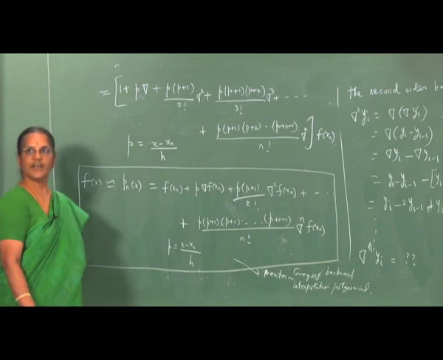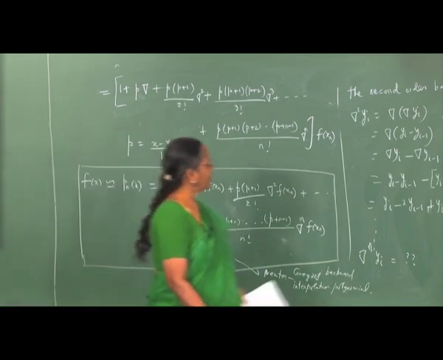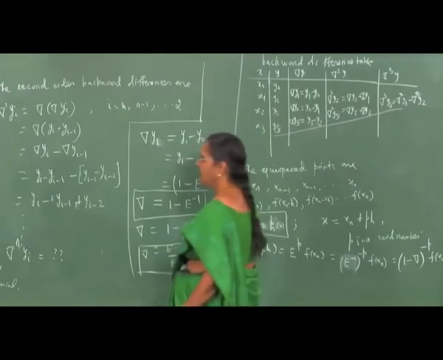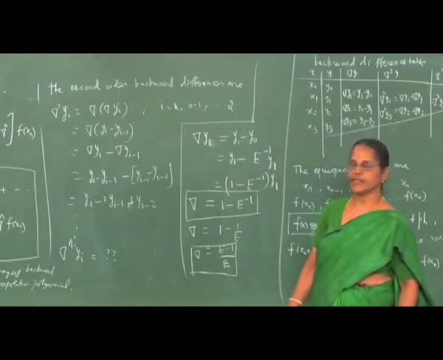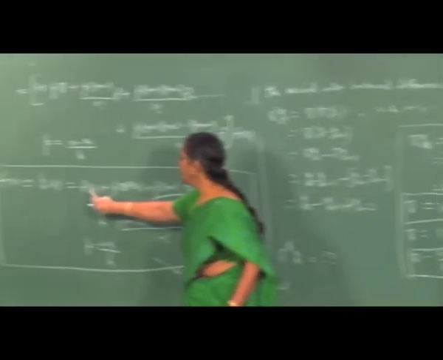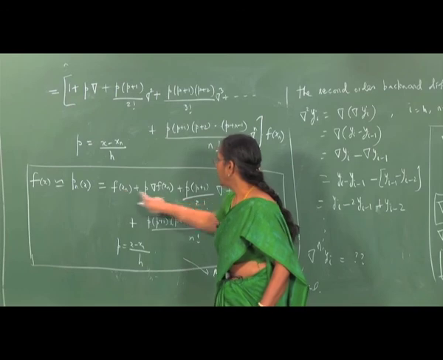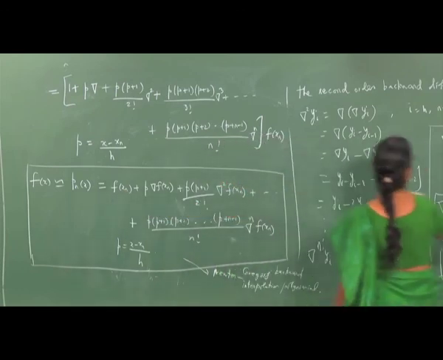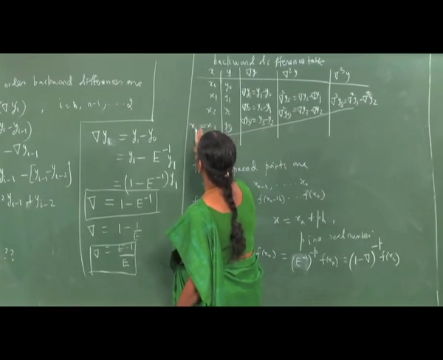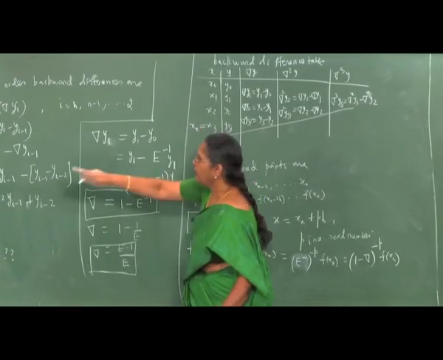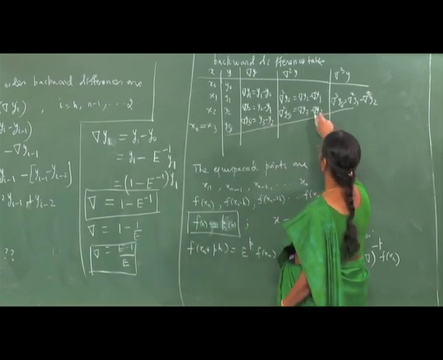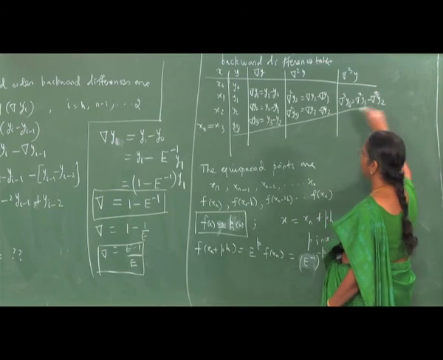It interpolates the function at a set of discrete points x0 etc. xn, which are equally spaced. And you again see that this involves information at points which lie at the end of the table. So, it involves f at xn, delta f of xn, del square f of xn, del cubed f of xn and so on.